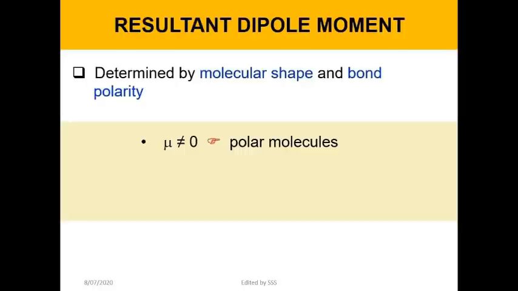If the value of the dipole moment is greater than 0, or not equal to 0, the molecule is polar. But if the value of mu is equal to 0, it is known as a nonpolar molecule.